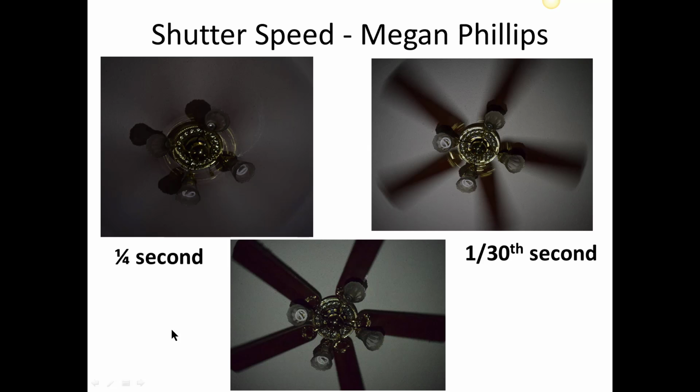And then if we go even faster, 1/250th of a second, the blades are pretty much stopped. So shutter speed is another factor for light, but it's also a factor for stopping action.